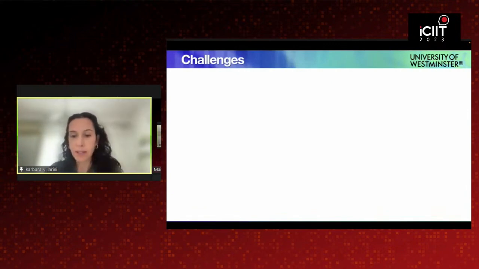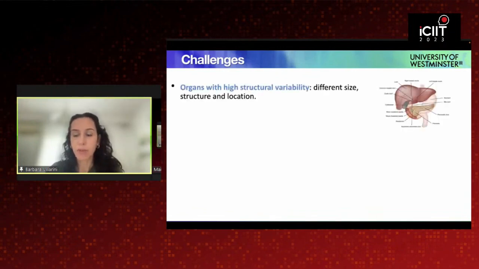Of course, there are serious challenges in developing robust automatic segmentation techniques. First of all, we have to deal with anatomical structures, and some of the organs have high structural variability in terms of size, structure, and location of the organ.